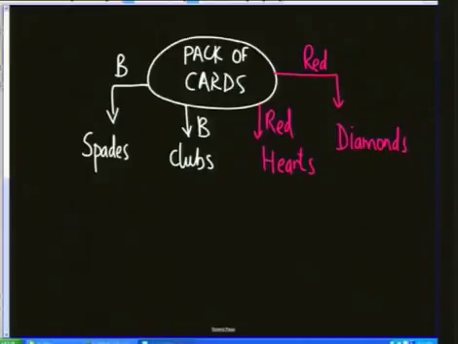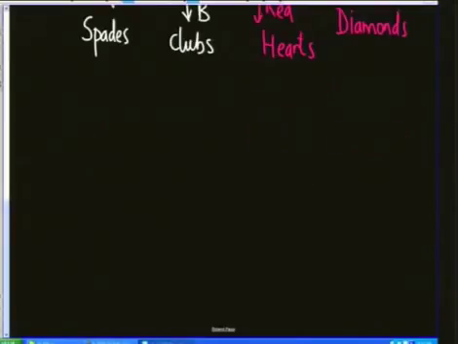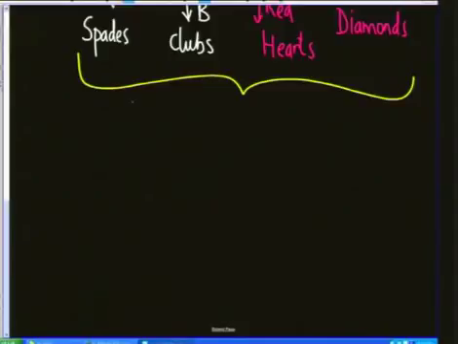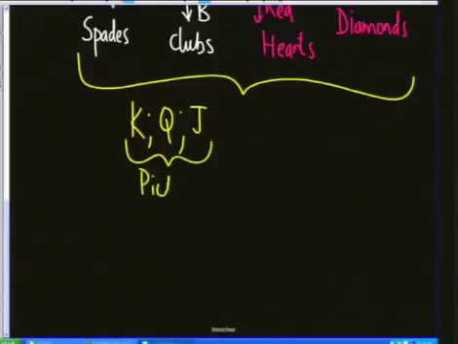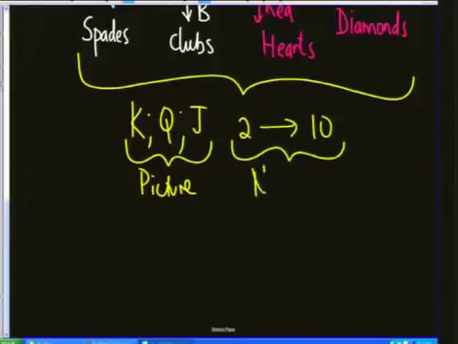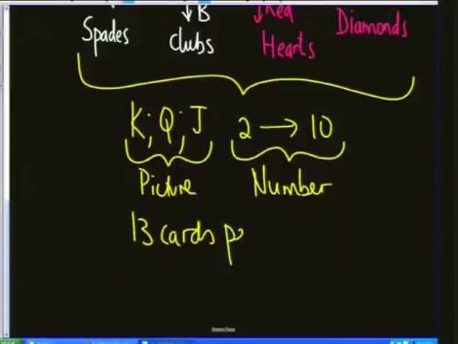Spades and clubs are our black cards, hearts and diamonds are our red cards, and for every one of these suits we get a king, a queen and a jack as picture cards, and the cards from 2 to 10 as numbered cards. So in total, we've got 13 cards per suit.